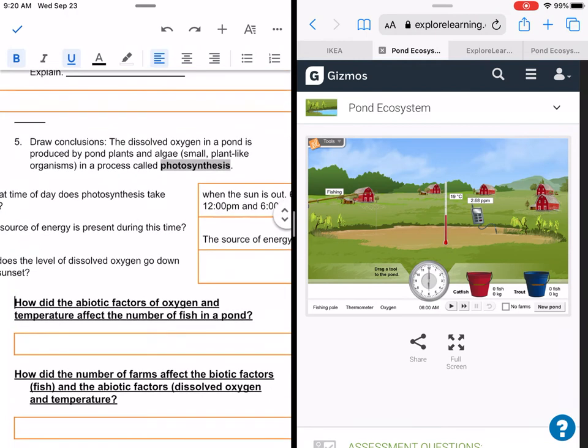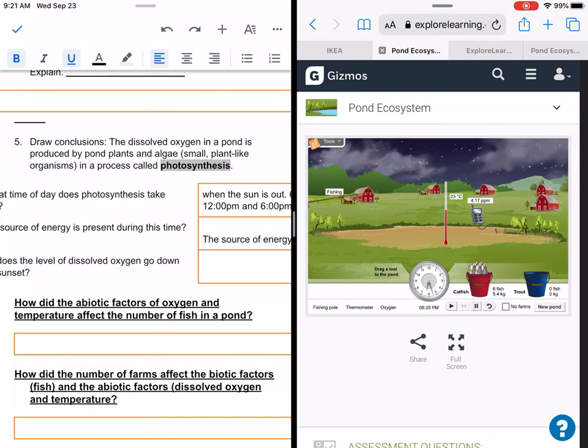So how do the abiotic factors of oxygen and temperature affect the number of fish? So in this pond, I'm going to run it and see how many fish I get. So it looks like my temperature during the day is going up. My dissolved oxygen is going up. I have a lot of catfish. All right, I'm going to stop there, refresh.